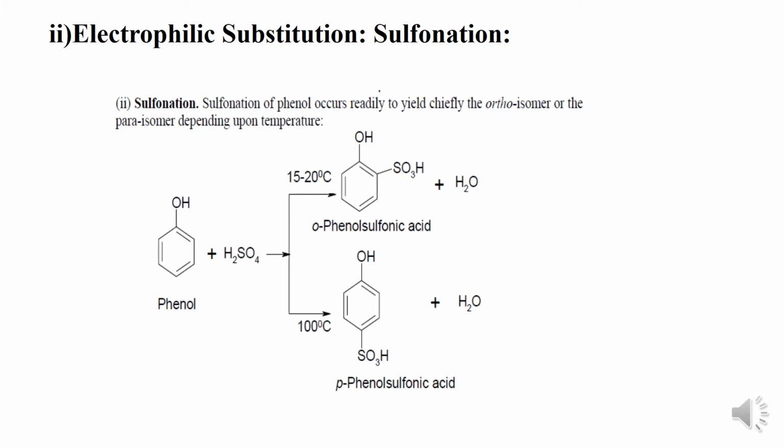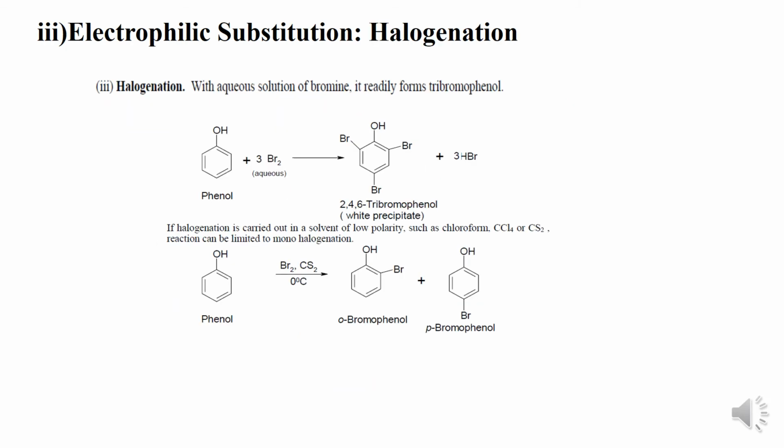If we apply 100 degrees centigrade to the reaction mixture, then para-phenol sulfonic acid is possible. So depending upon the temperature, ortho and para isomers are synthesized. This is about sulfonation.